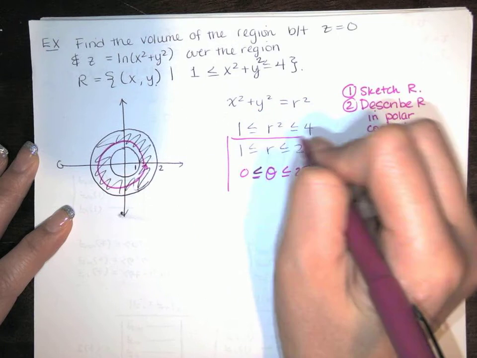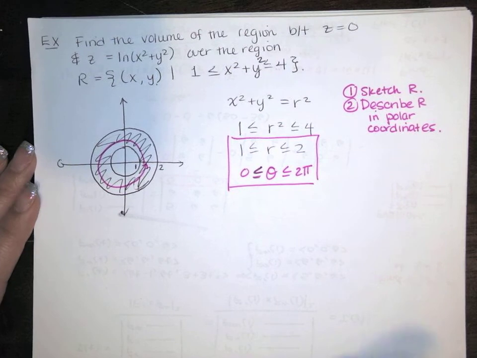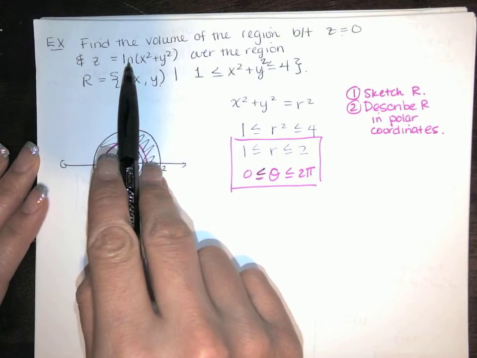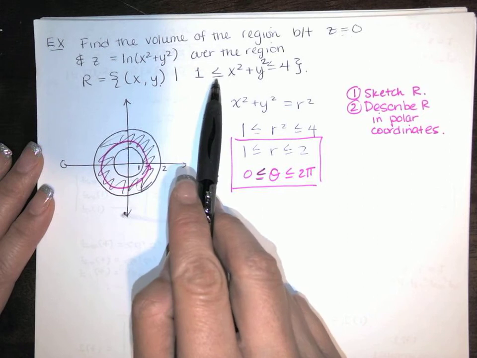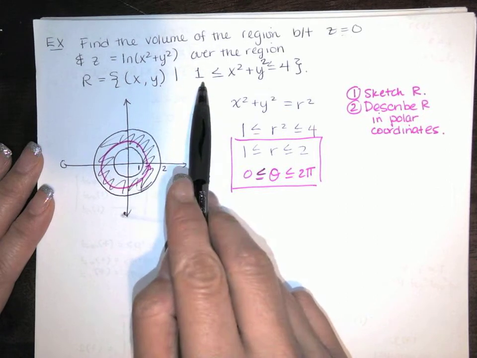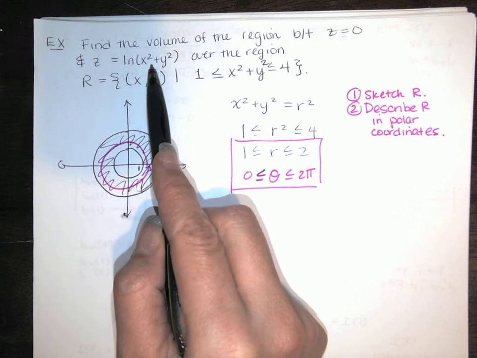Okay, so those are our bounds. We've described R in polar coordinates. Now we're asked to find the volume of the region between z equals 0 and z equals natural log of x squared plus y squared. Now, when x squared plus y squared equals 1, so we're on this circle, z is natural log of 1, which is 0.